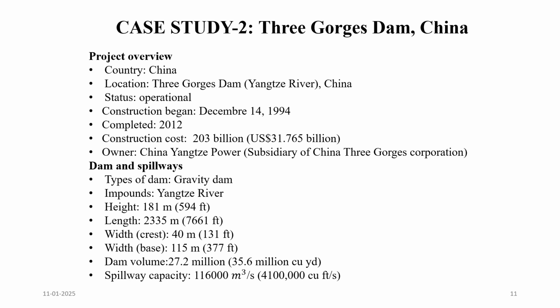Owner China Yangtze Power, subsidiary of China Three Gorges Corporation. Next point is dam and spillway.